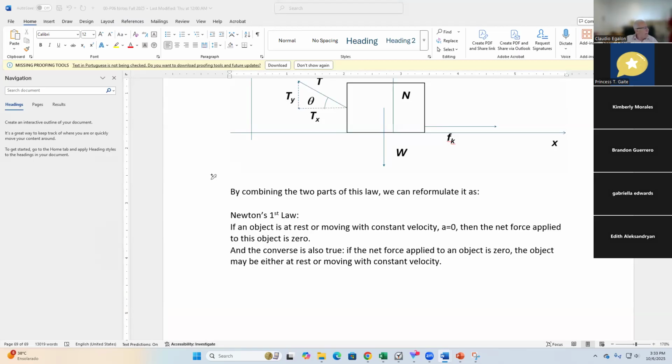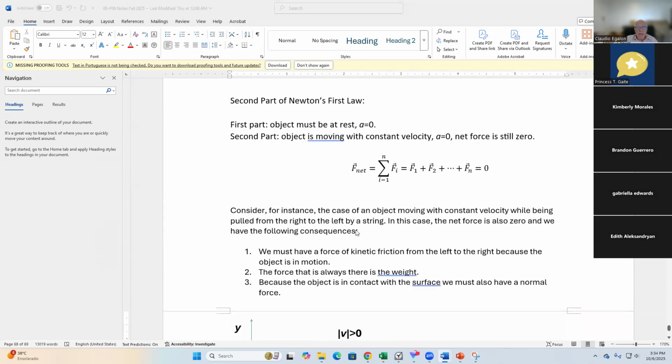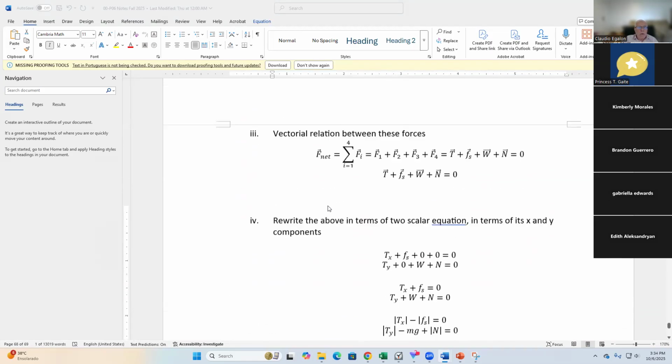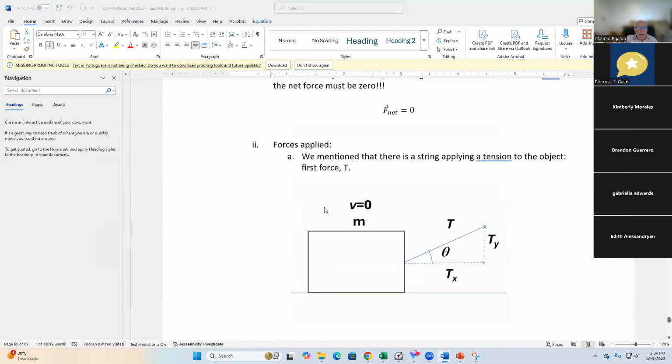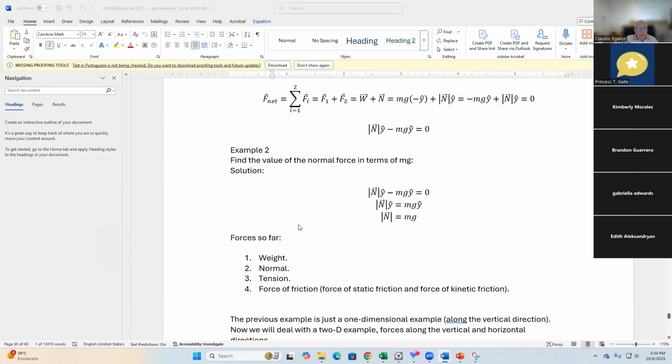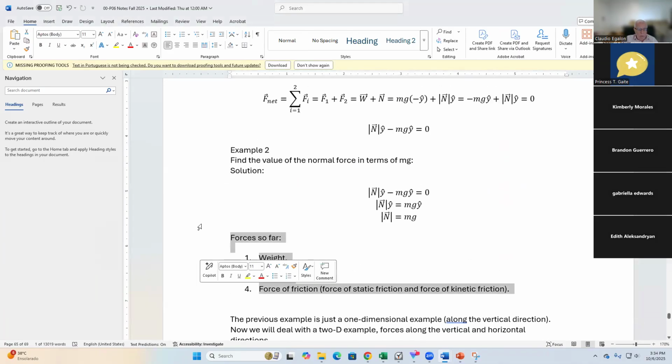Okay. And now, let's see, did I put, yeah, net force is equal to zero. Good. I put it here, so we have it. That's the static case of Newton. Okay. So let's repeat the forces that we have so far, so you don't forget about them.